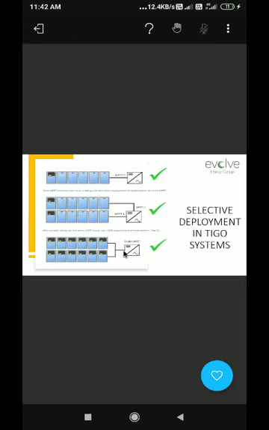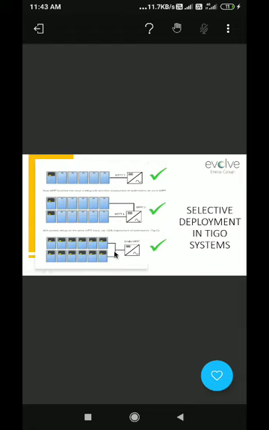If you deploy only 4 optimizers, the resistance of the inverter and the other string is different from the resistance of the optimizer and the string. So if the resistance is different in a single electrical network, the Tigo optimizers will not be used effectively. It can't find the correct point where it has to operate.